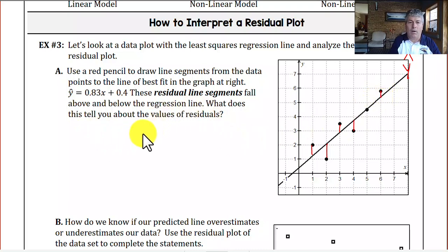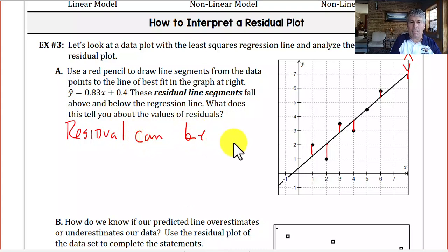And what does that tell you about the value of the residuals? Well, residuals can be positive, negative, or 0. So residuals that lie above the regression line will underestimate.